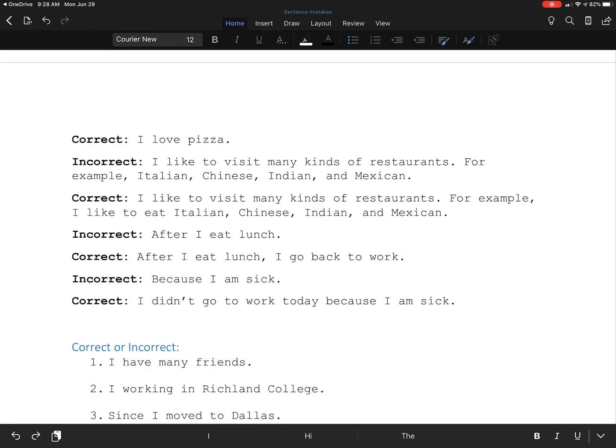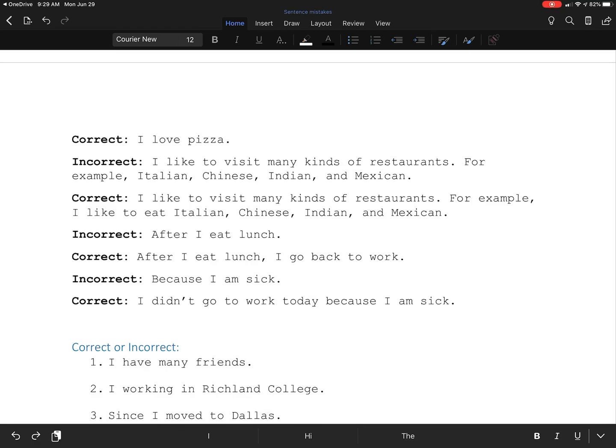If I say after I eat lunch, that's not correct. After I eat lunch, what happens? You need to say something else there. What do you do? After I eat lunch, comma, I go back to work. So I cannot just say after I eat lunch, we need to have something else with it, with the subject and the verb.